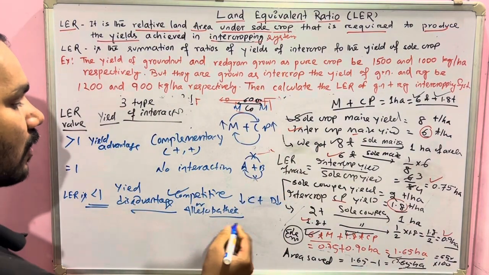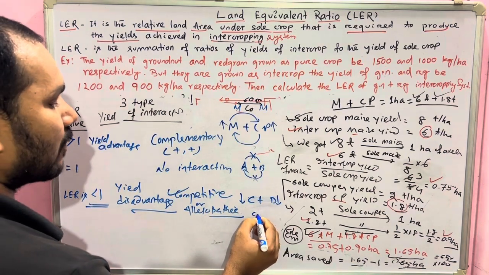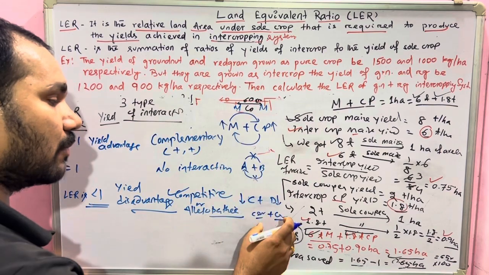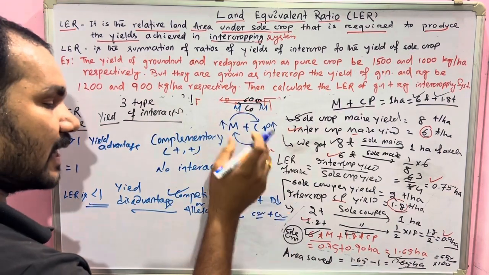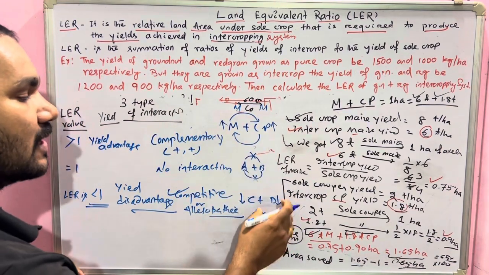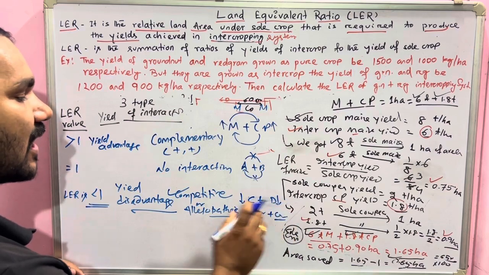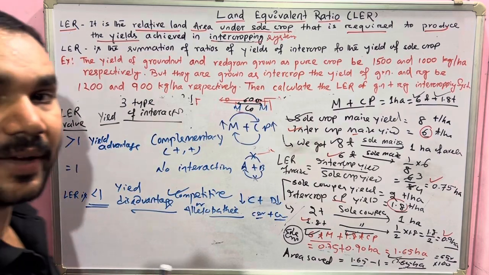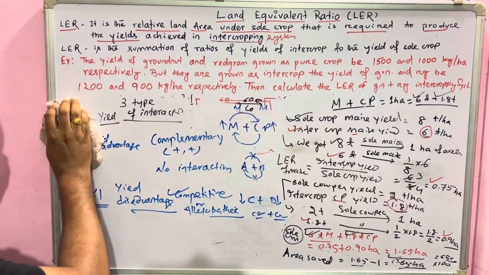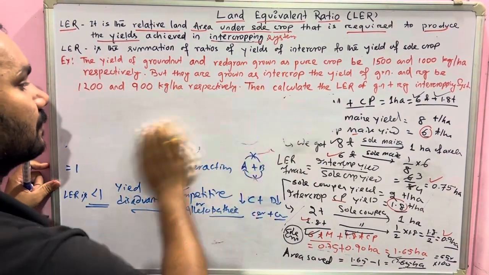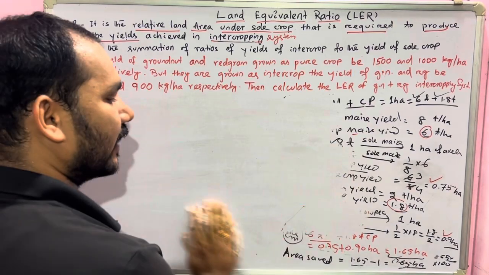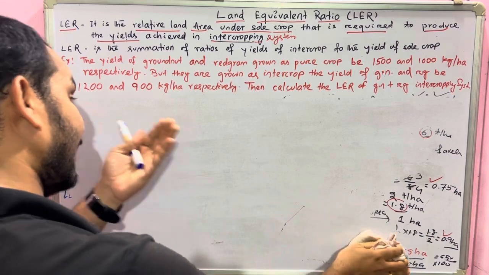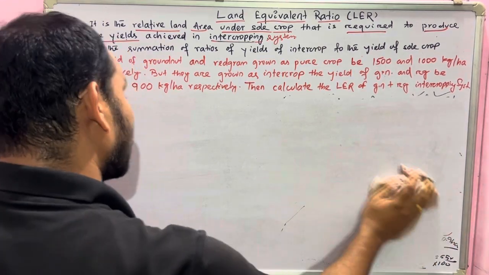Suppose we go for a cereal crop and another cereal crop, the same type of crop with the same time of peak period demand, same height, same root depth. In this case, there will be more competitive interaction between the two crops, and both crop yields will decrease. Now let us come to the question. In order to calculate this LER value, I need intercrop yield and sole crop yield. This is the concept.